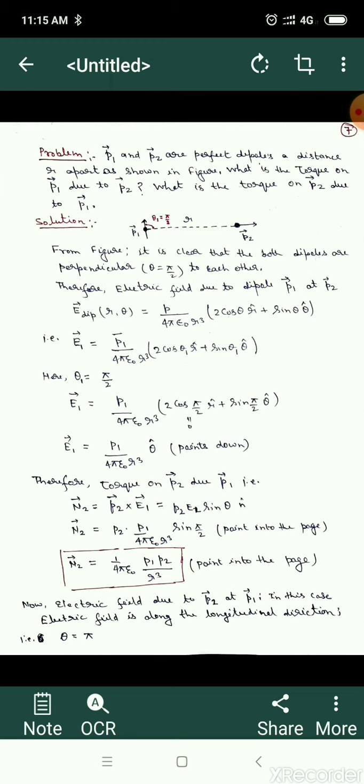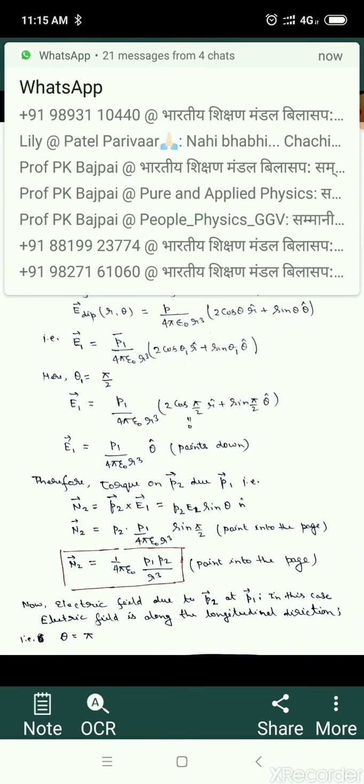Now we have to calculate the torque due to P2 on P1. So we have to calculate the electric field due to dipole P2 at P1. In this case, the electric field due to P2 at point P1 is along the axis of the dipole.